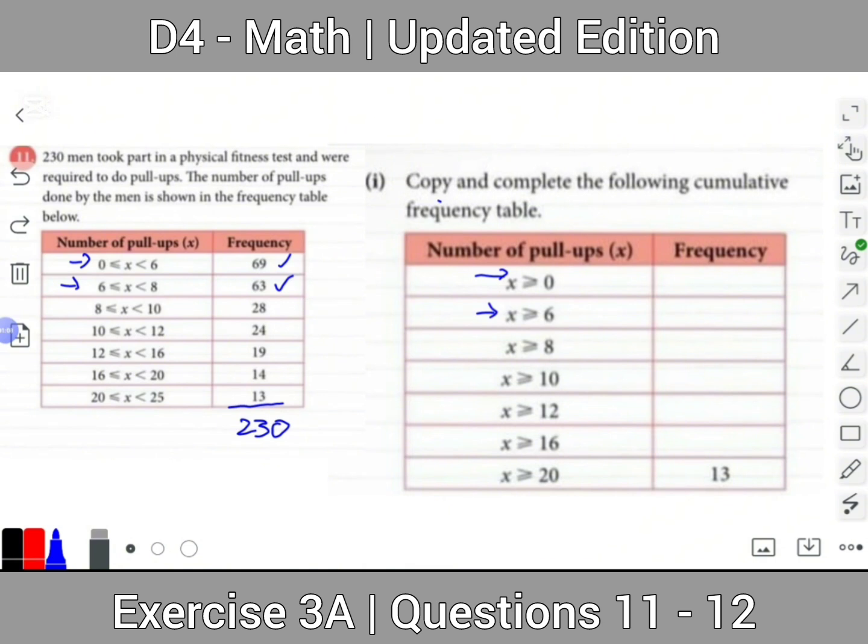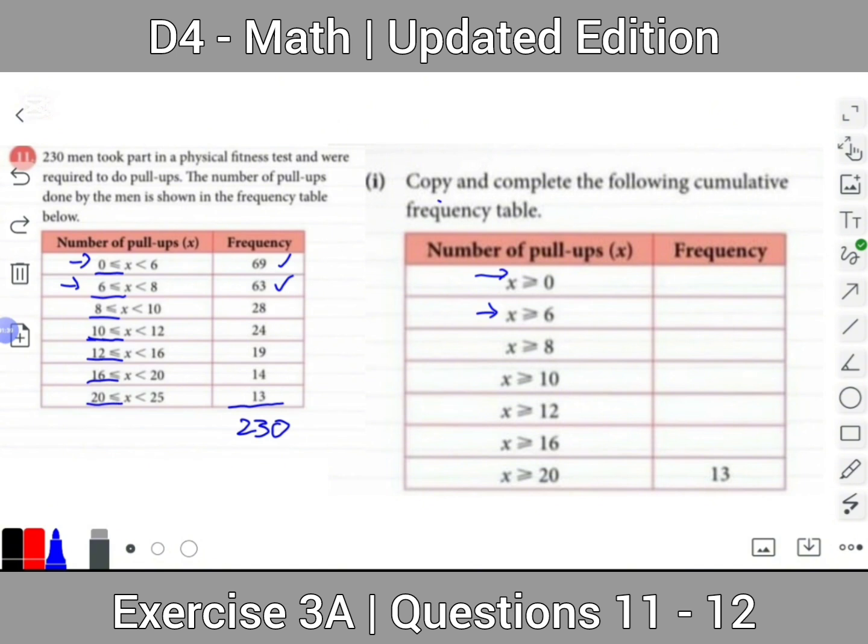So we are going to take lower limits. We are going to say something more than 0, something more than 6, something more than 8, something more than 10, something more than 12, something more than 16, and something more than 20.